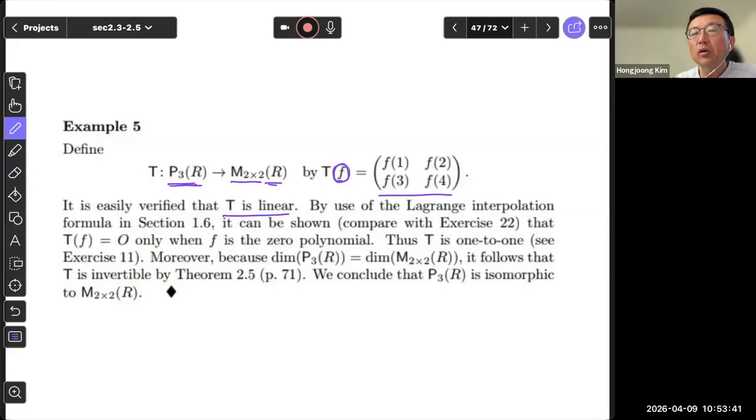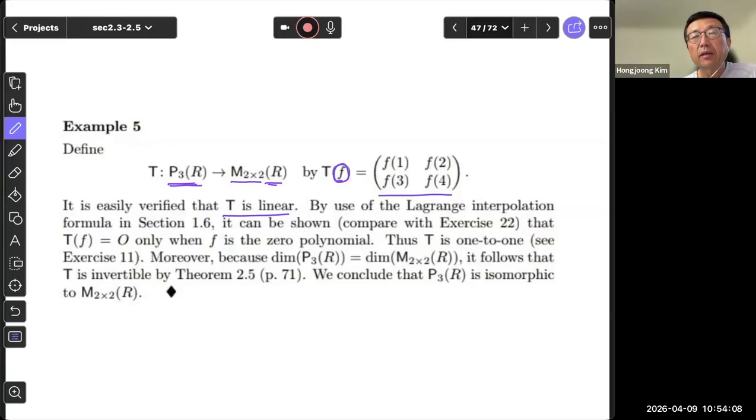So to claim that these two spaces are isomorphic, I need to show that this T is an invertible mapping, or you need to find the inverse directly. But instead of finding the inverse directly, we can consider the following statements. First of all, definitely this T is a linear mapping. We can easily check.